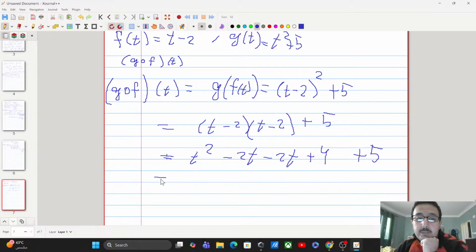So we get t squared minus 4t plus 4 plus 5, which is plus 9.